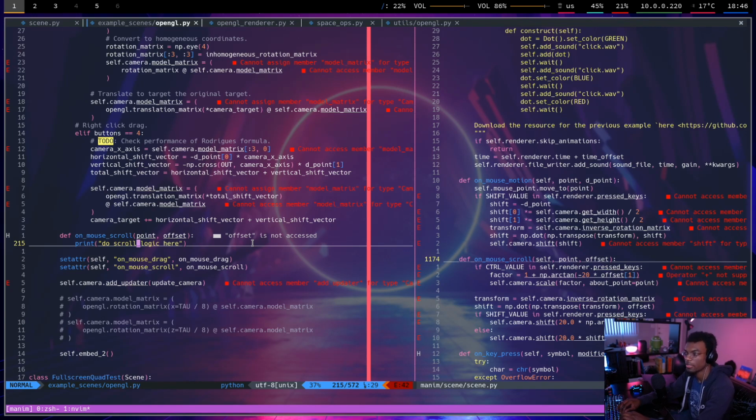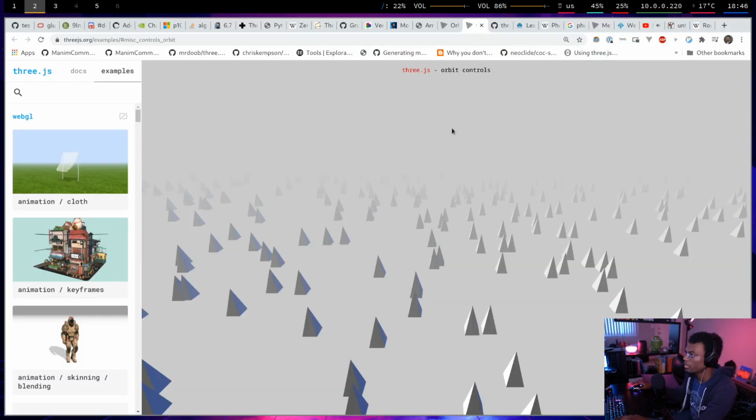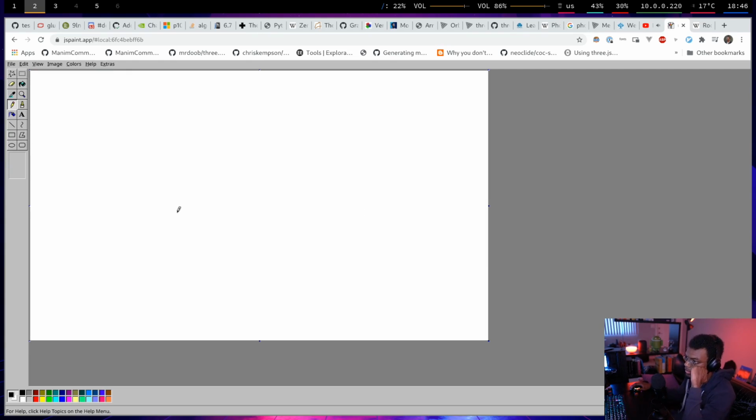I think the scroll logic is fairly simple, thankfully. I'll need the target. Then all I'm gonna do is, wherever the camera is, the origin will be somewhere, the target will be somewhere else, and the camera will be looking at the target.